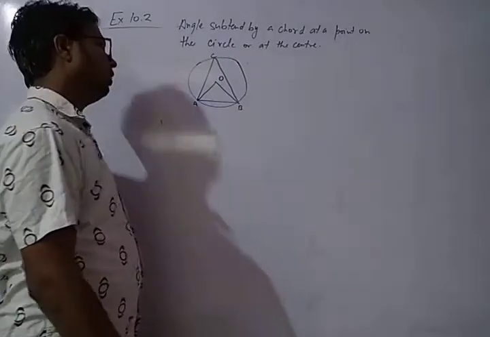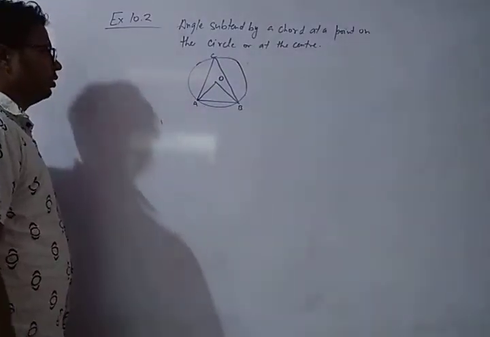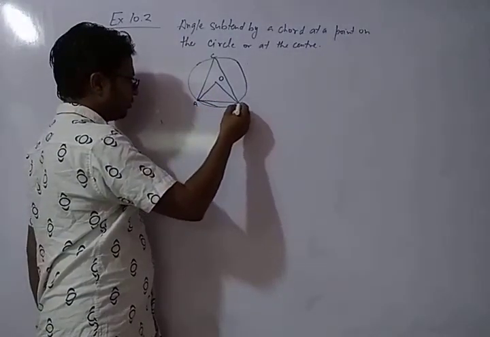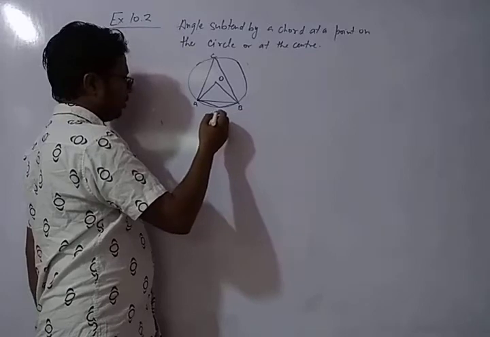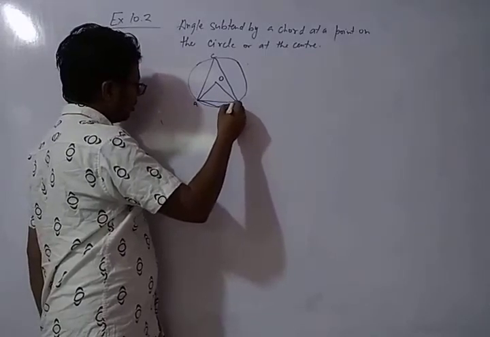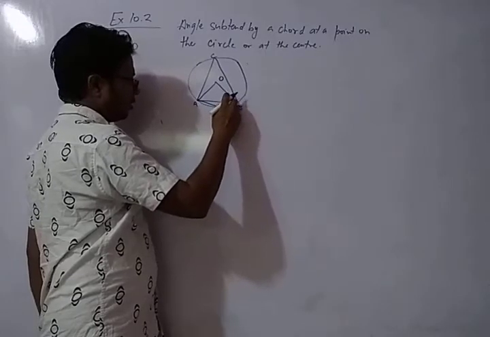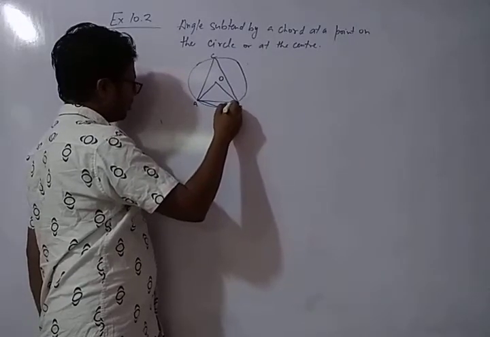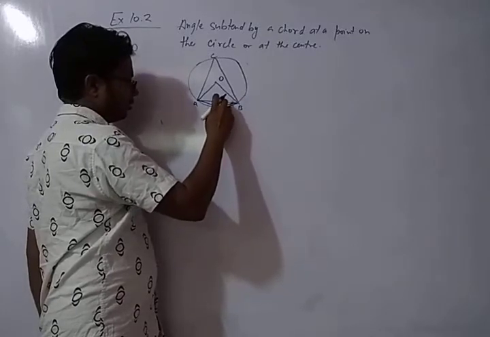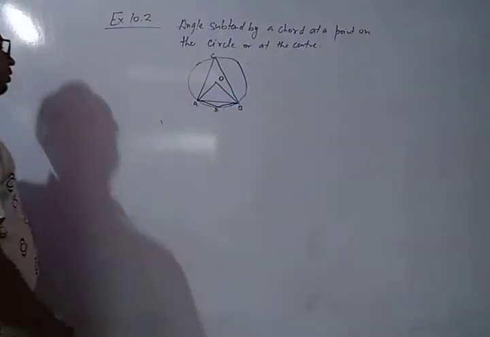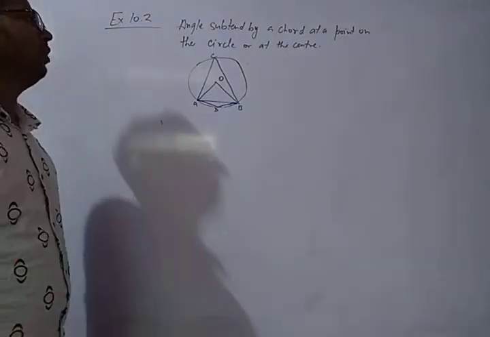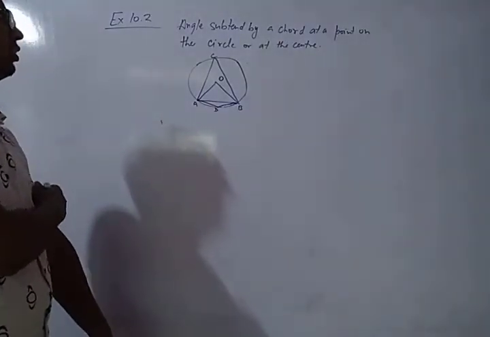ACB is the angle subtended by the chord on the circle. One more I can take. Yes, angle ADB is also the angle subtended by the chord on a point on the circle.